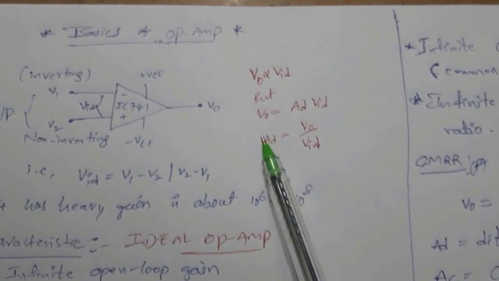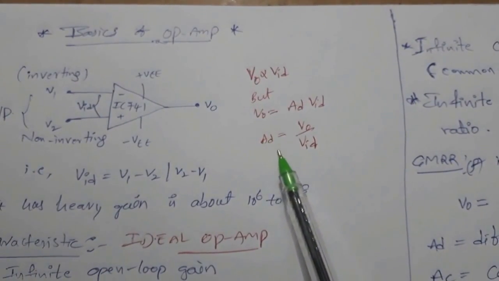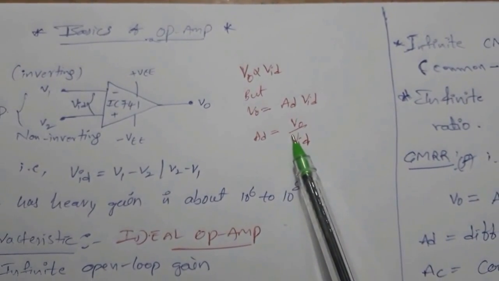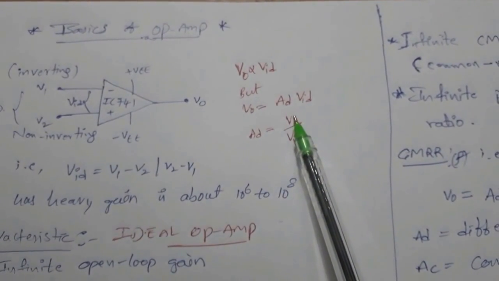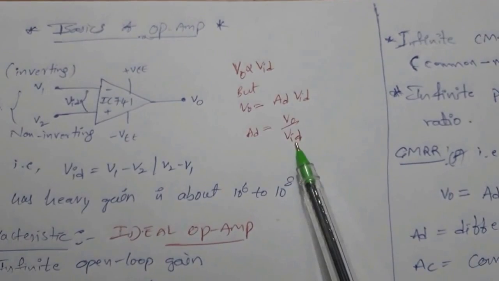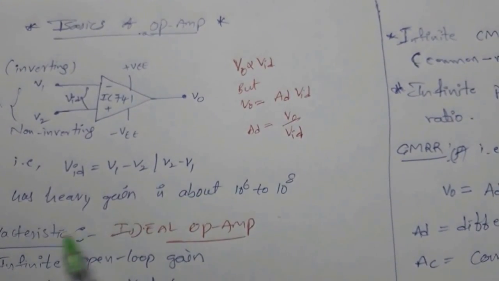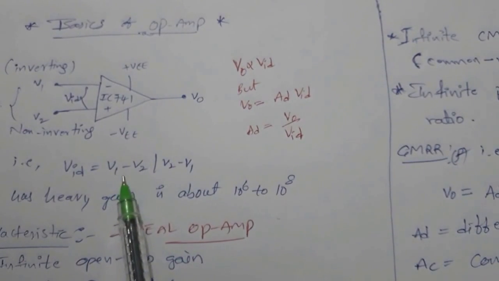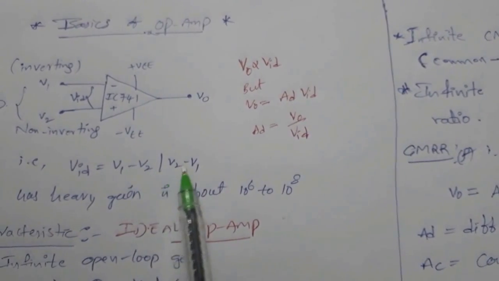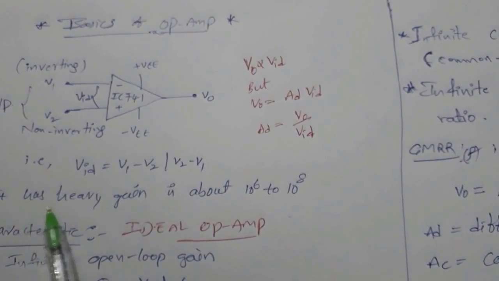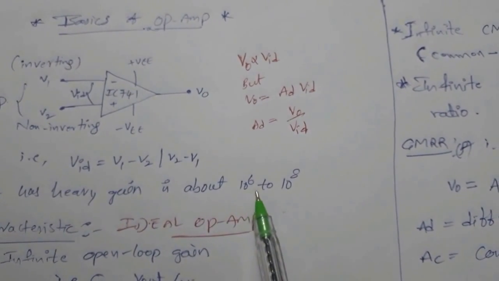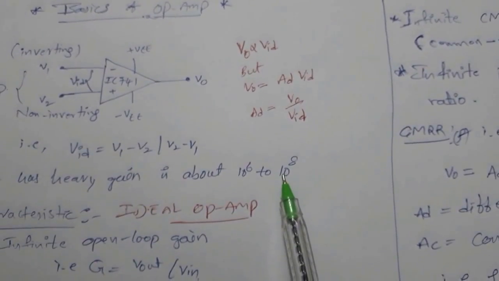Simply, the differential voltage gain of an op amp is defined as the ratio of output voltage to the differential voltage. We can calculate VID as V1 minus V2 or V2 minus V1, and it has a heavy inbuilt voltage gain of about 10 power 6 to 10 power 8 decibels.